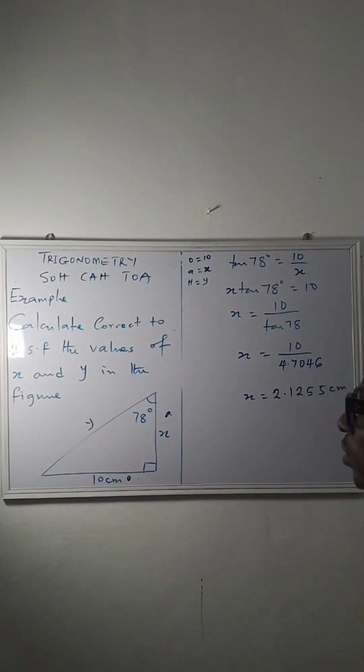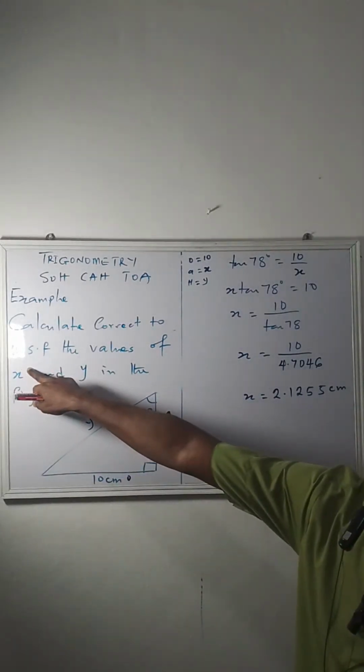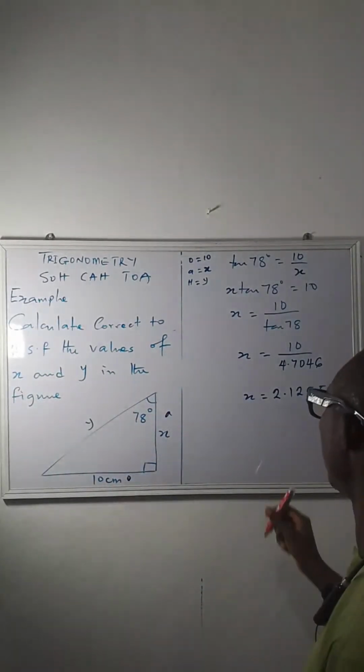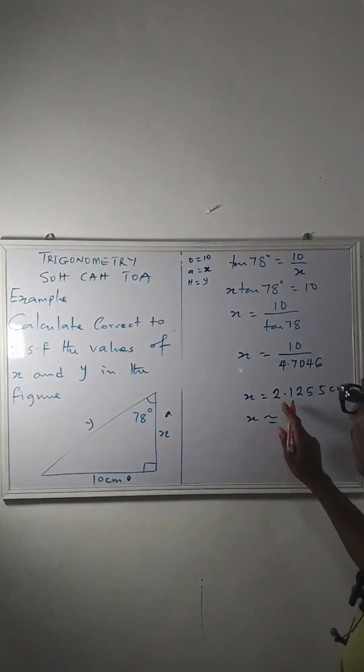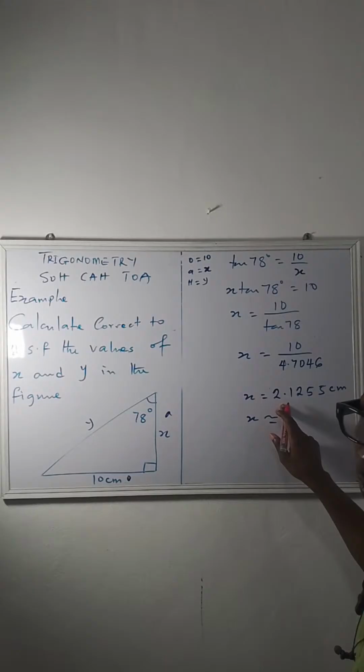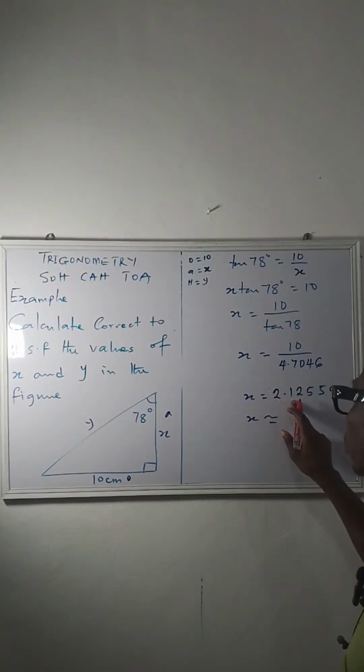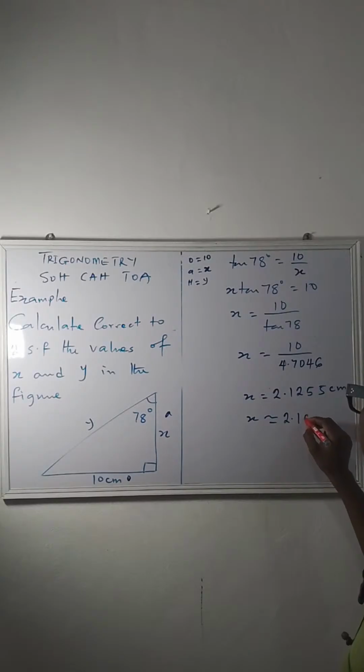But the question asks you to correct your answer to two significant figures. So x is two significant figures. Just count two digits from the front that are significant. So you start 1, 2. Two significant figures. So you have 2.1 centimeters.